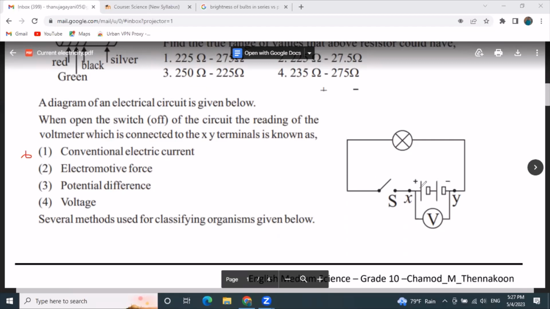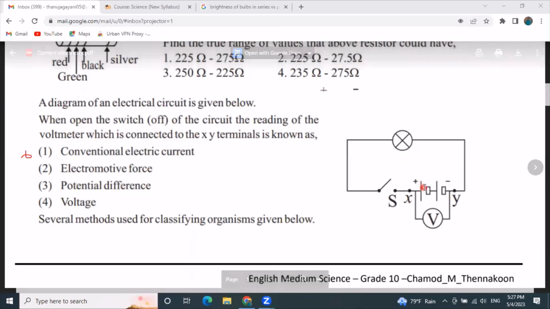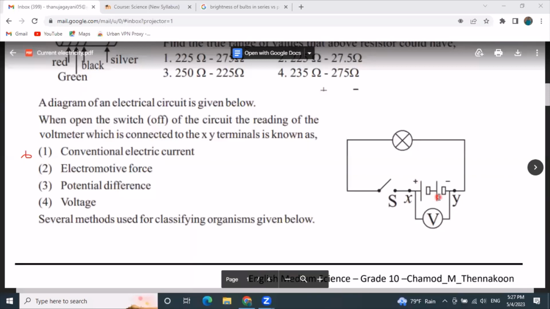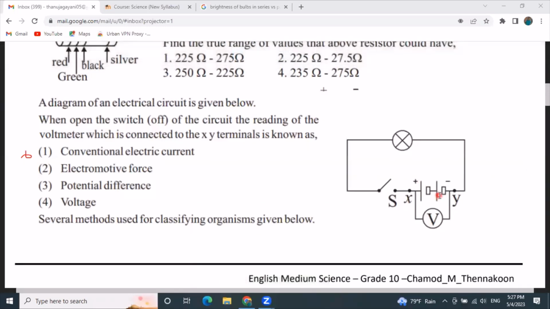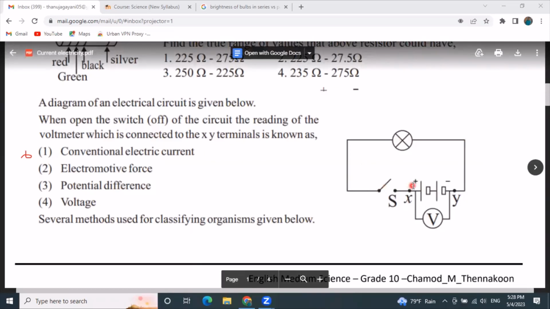We know that the current flows through a circuit from the positive terminal to the negative terminal, but the electrons flow from the negative terminal to the positive terminal. Can you understand? The force exerted by the negative terminal to release electrons.